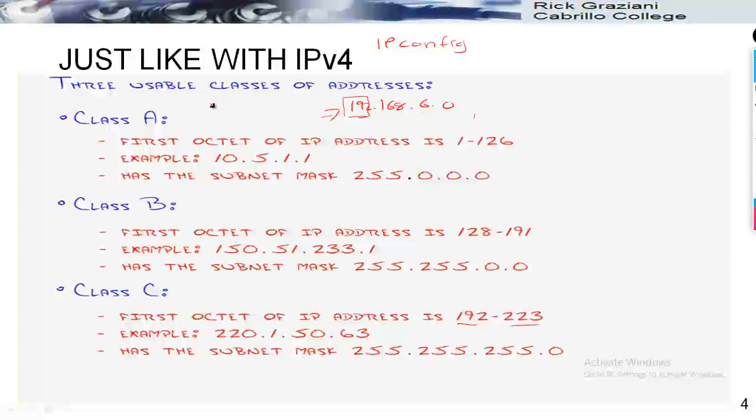If you do ipconfig and see something like 10.5.5.0, that's a class A, because this first octet falls under 1 to 126. For a class B, I think you get that drill.